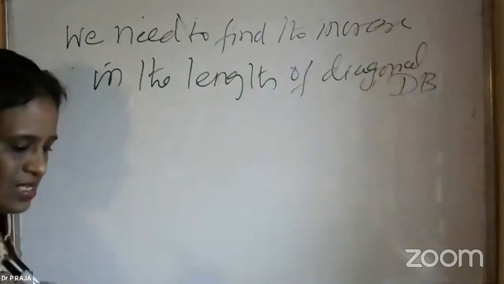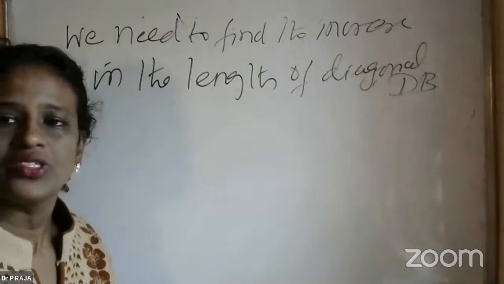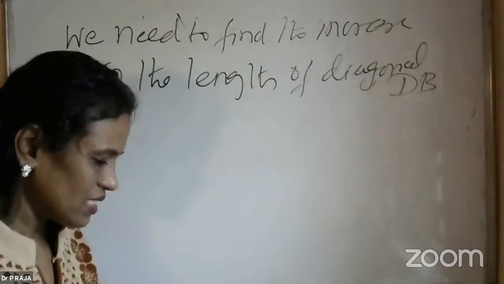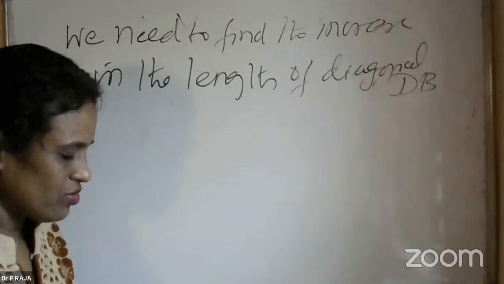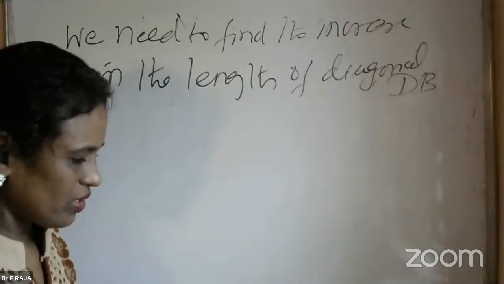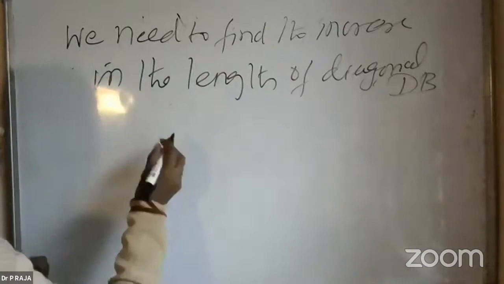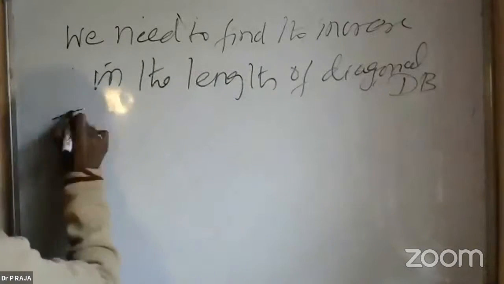That is our diagonal. How much it has increased, we need to find out. That can be found out due to two factors.